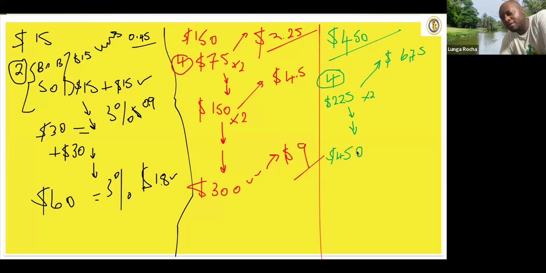You haven't lost anything. Money management. The market rises from here. You are now sitting at 3% of $450, which is $13.5.